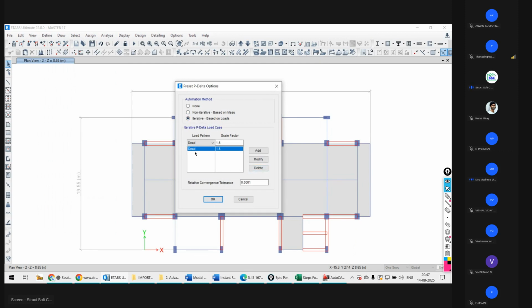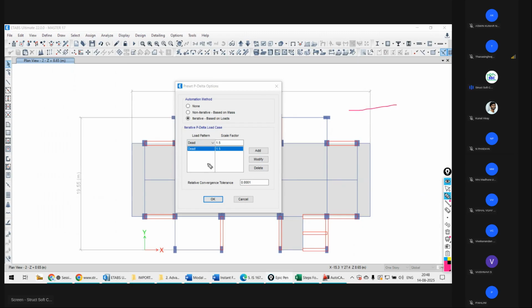So it is dead 1.5. Some of the consultants are following 1.2 times dead load plus live load. So you can go with that or you can go with this. I am considering the critical one. I will show you the total live load of the structure and the total dead load of the structure. You can compare, we will see which one is the critical one.